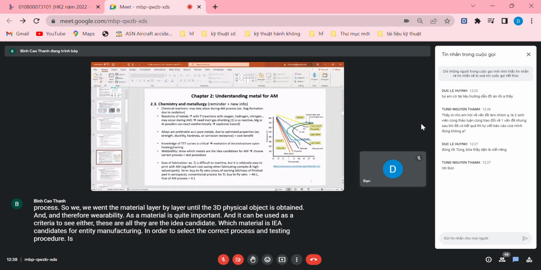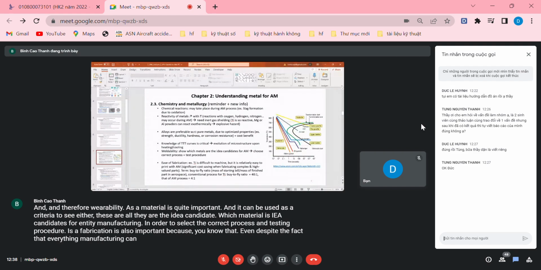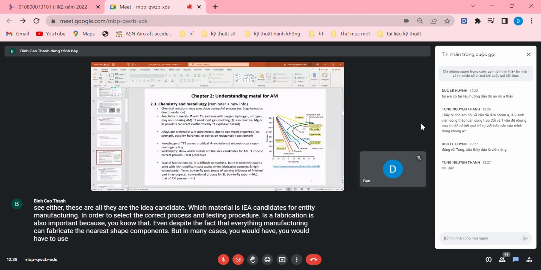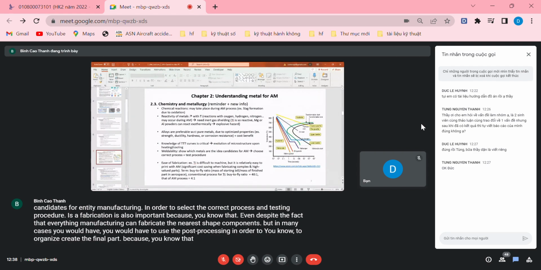Ease of fabrication is also important because, even despite the fact that additive manufacturing can fabricate near net shape components, in many cases you would have to use post processing in order to create the final part, because the surface quality is not so high.